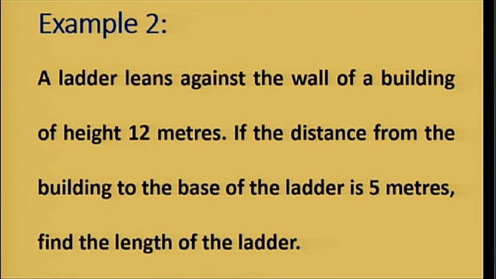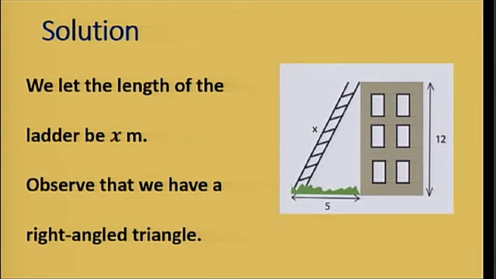The diagram will help you to better understand the context, the situation, and how to find the unknown. So here is a diagram. The height of the building is given as 12 meters, and the distance between the foot of the ladder and the foot of the building is 5 meters.